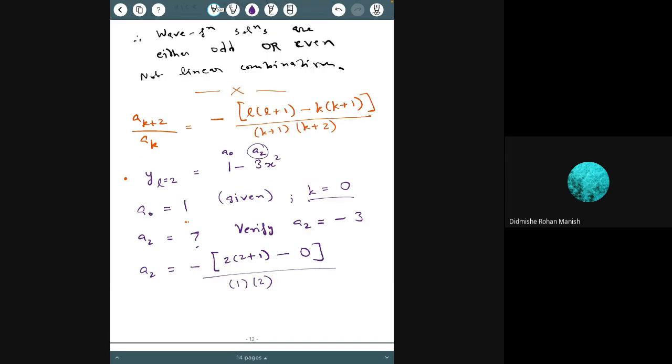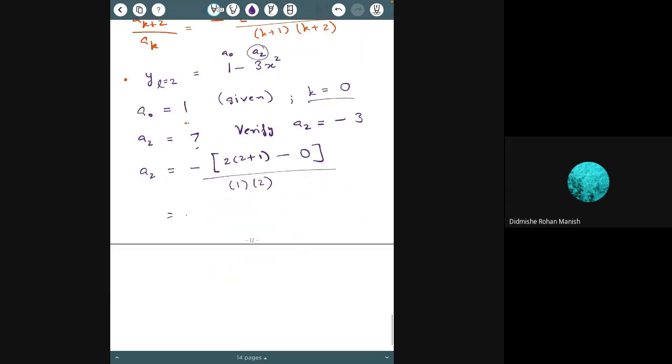So this is minus 6 by 2, which is minus 3. So that's fine. We verified this, and if I told you to find y for L equal to 2, you would be able to do this.